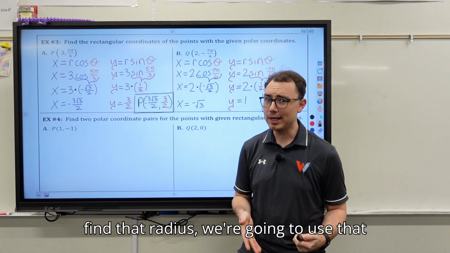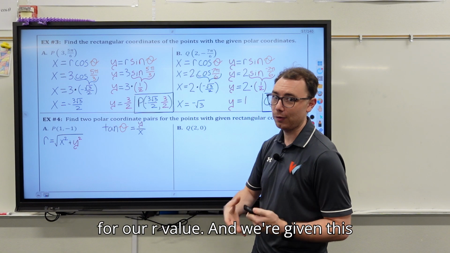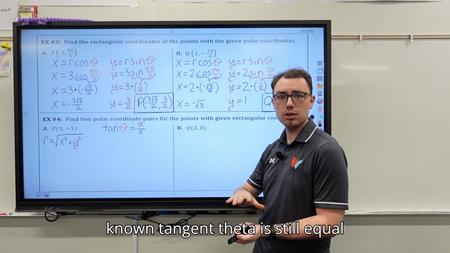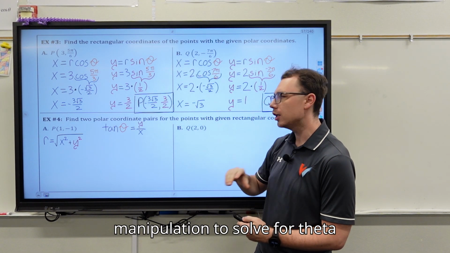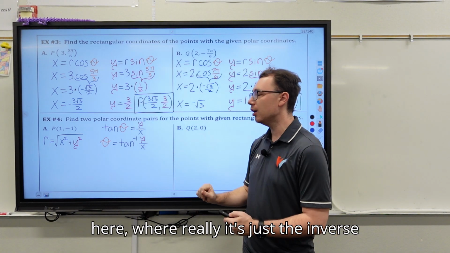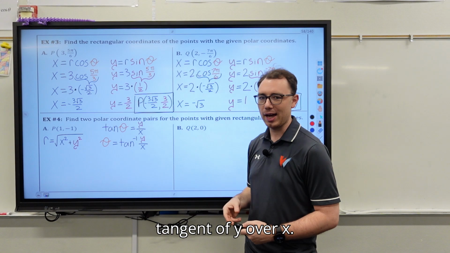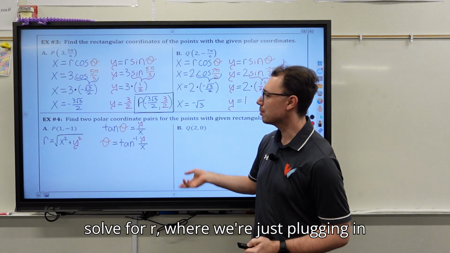So to find that radius, we're going to use that Pythagorean theorem, where we're solving for our r value. And we're given this known tangent theta is still equal to y over x. We're going to do a small manipulation to solve for theta here, where really it's just the inverse tangent of y over x.